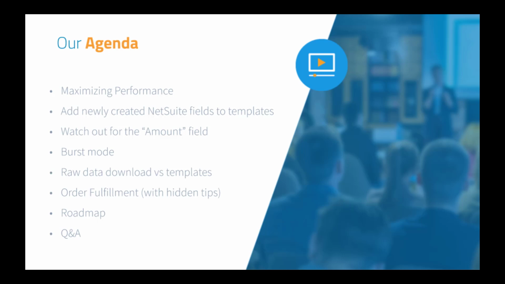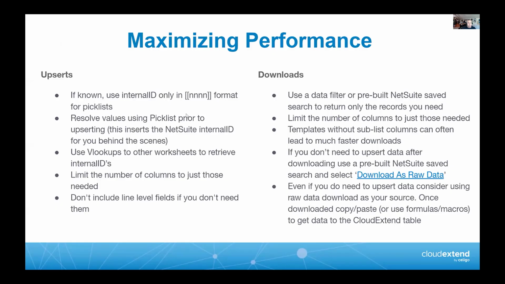Here's just some first tips on maximizing performance. If you know the internal ID, we always recommend that you use it. So for example, let's say you're updating a sales order, and you've got a bunch of items on that sales order. If you happen to know the internal IDs, just put them in the double left bracket, the NetSuite internal ID, and then double right bracket format.